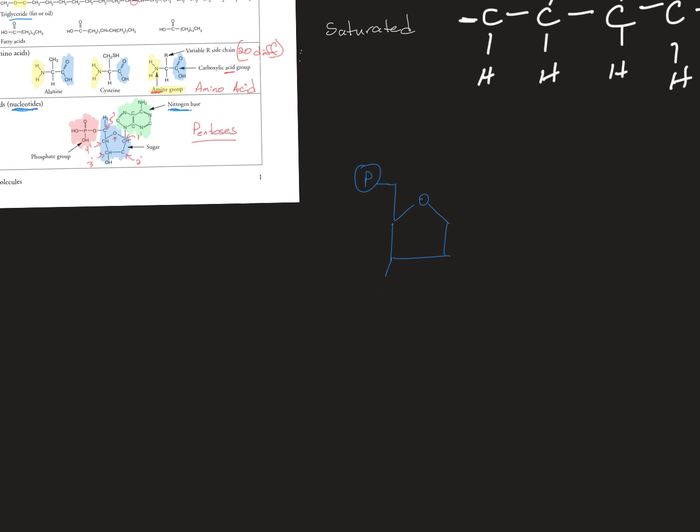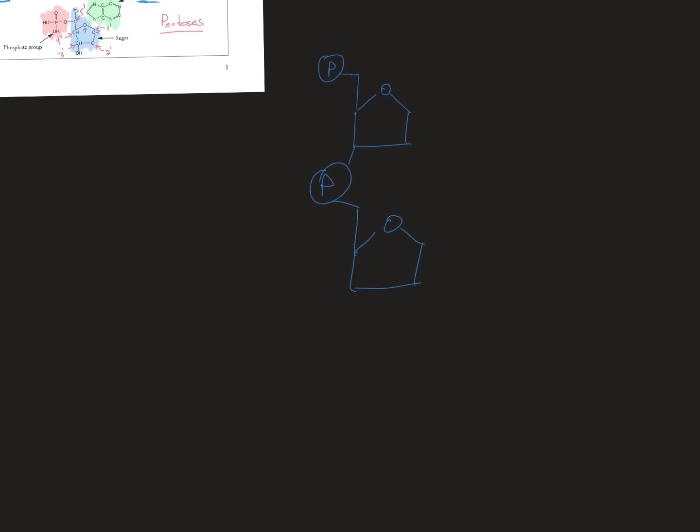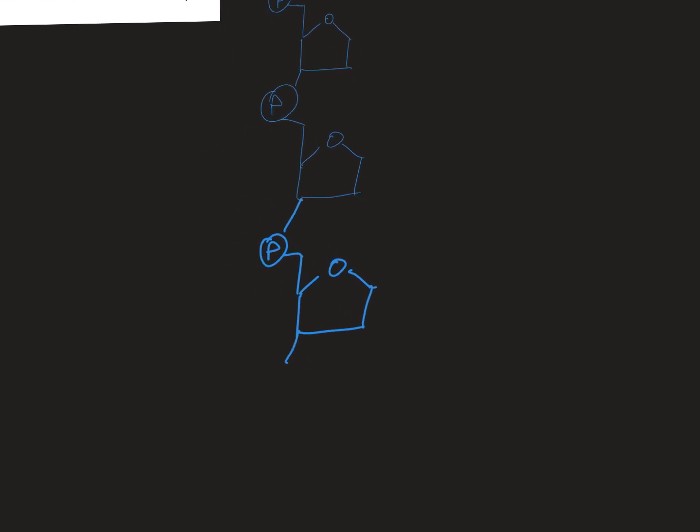I'm just going to go ahead because we're running out of time. Another phosphate, which is attached to what? Another carbon, another ribose or deoxyribose, which is attached to a phosphate, which is attached to another deoxyribose, which is attached to a phosphate.